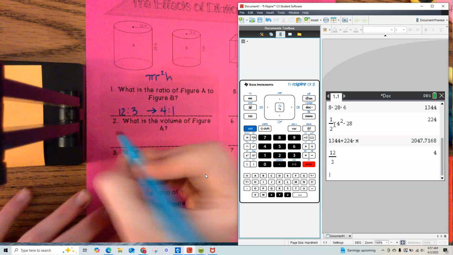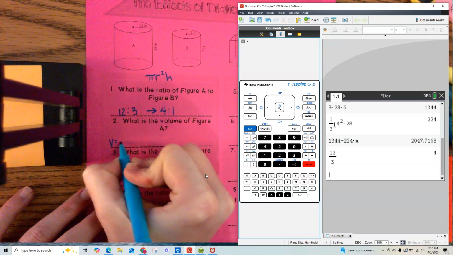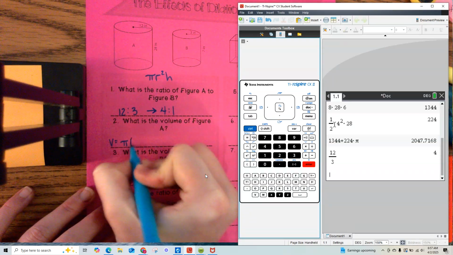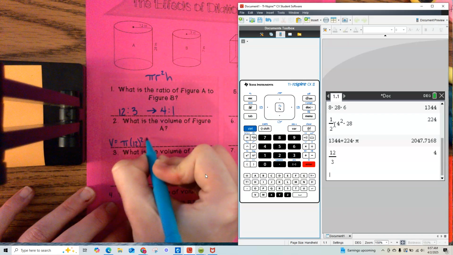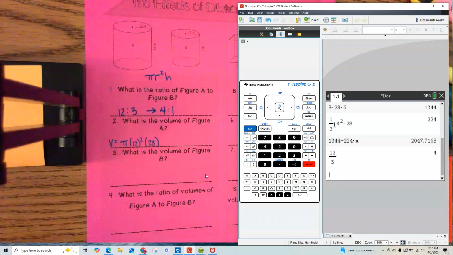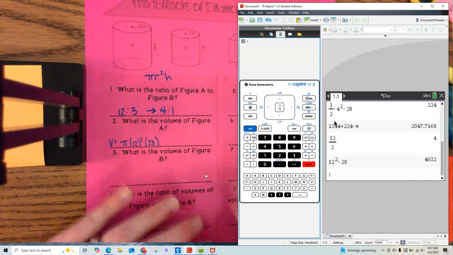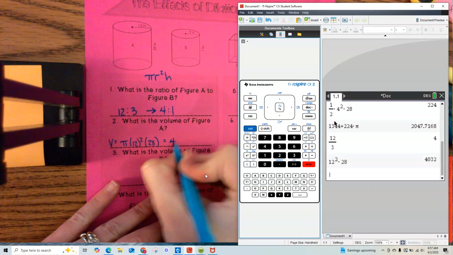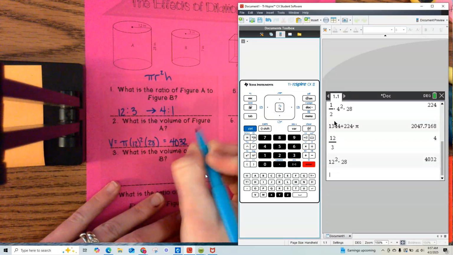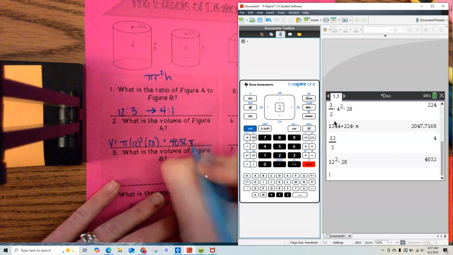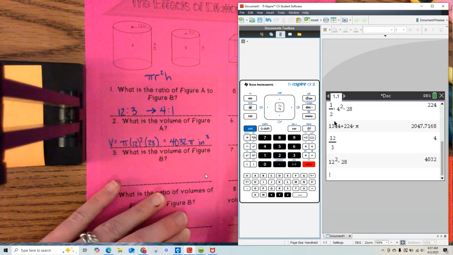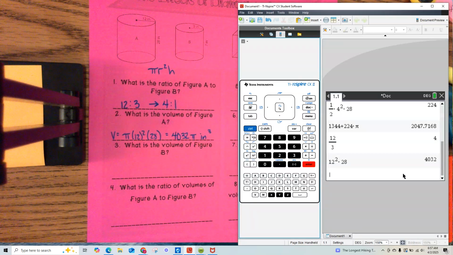So when I do this, I'm just going to do pi, so radius is 12, height is 28. I'm going to do this in terms of pi. Again, it just makes the numbers easier to work with. And so 4032 pi inches cubed.